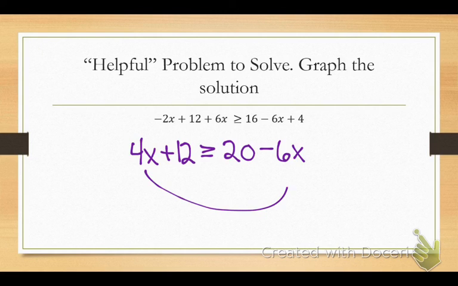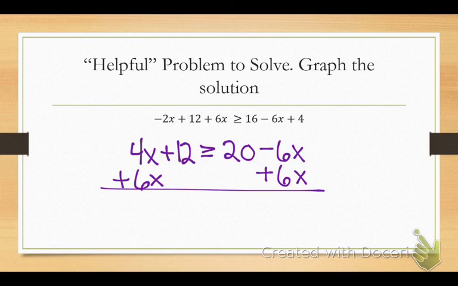Technically, it doesn't matter if you want to subtract 4x or if you want to add 6x. For me, I like the variable to be in front of the inequality, so I don't have to read it backwards. So add 6x to both sides. Now what's 4x plus 6x? 10x plus 12 is greater than or equal to 20.